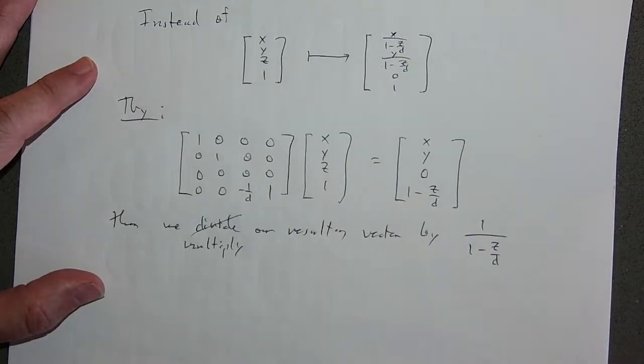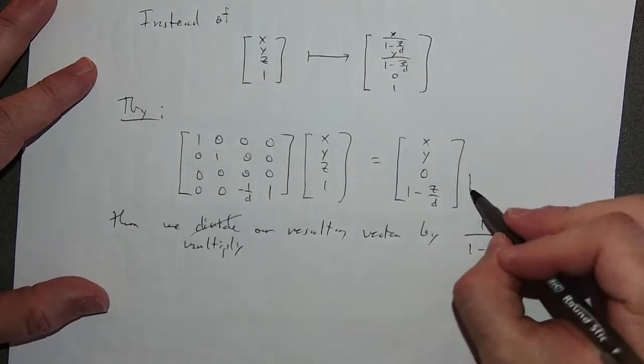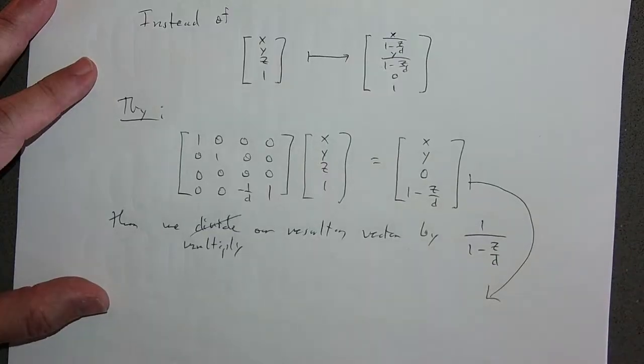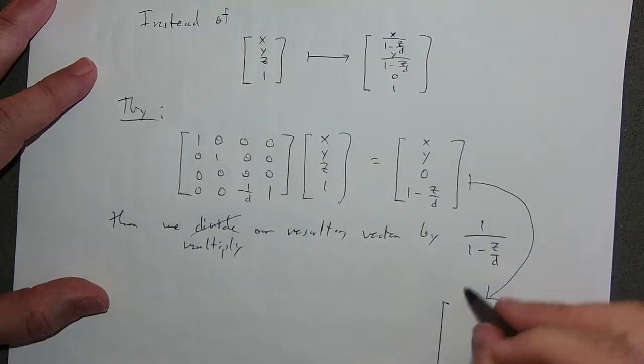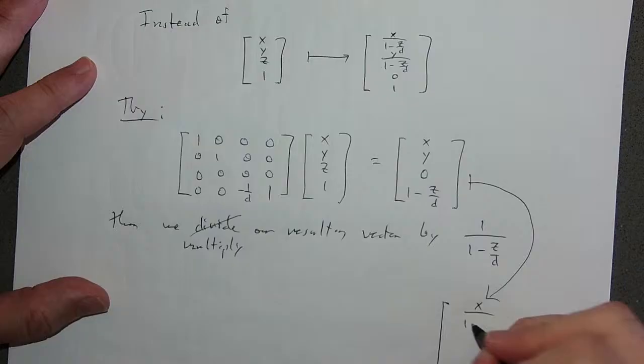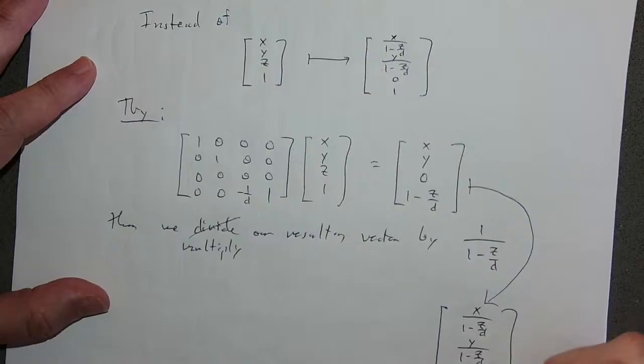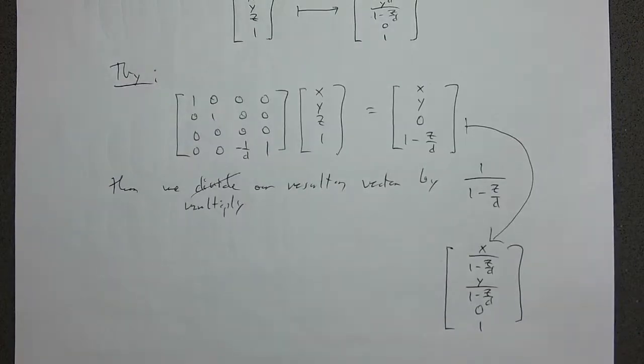And if we do that, what does this vector become? It becomes the vector x over 1 minus z over d, y over 1 minus z over d, 0, 1, which is ultimately the original thing that we were trying to send this to.